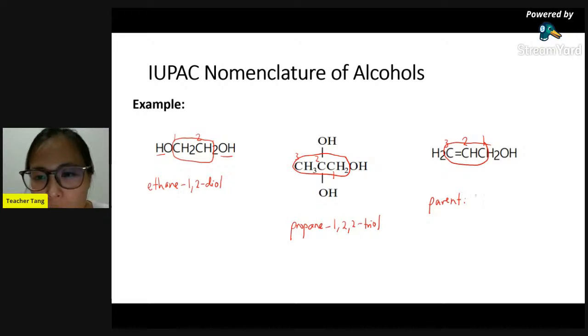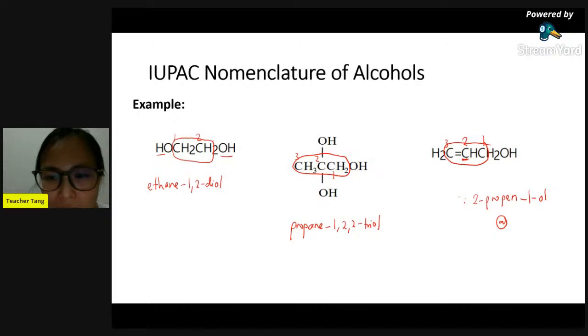So we should call it 2-propen-1-ol, because the carbon-carbon double bond is between carbon number 2 and number 3. Or we can also call this prop-2-en-1-ol.